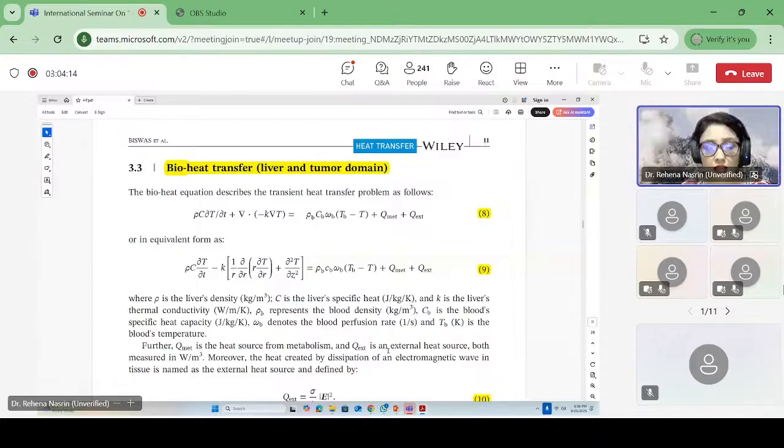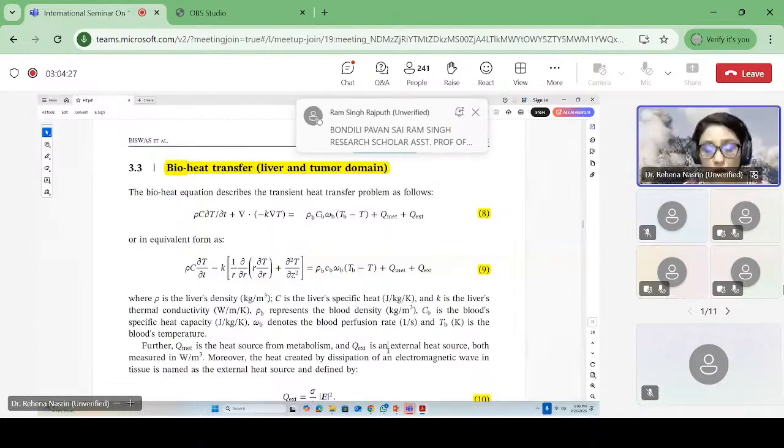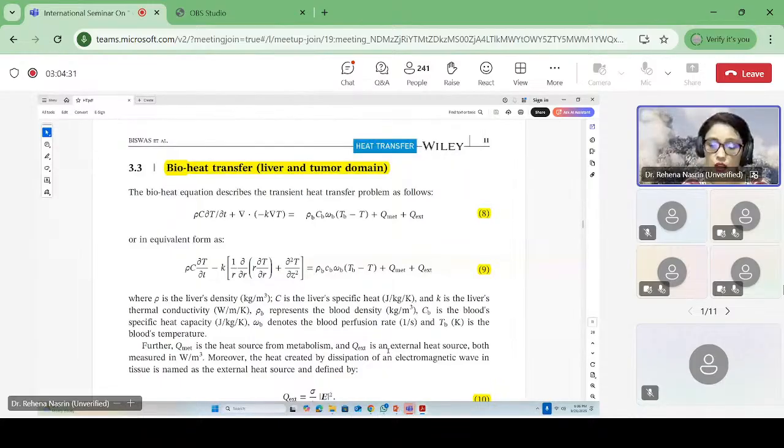So a particular time is needed, a particular amount of frequency is also needed to save the normal cell or normal tissue, because our concern is to ablate the tumor tissue, but it is also our concern that we do not do any kind of harm to the normal tissue.